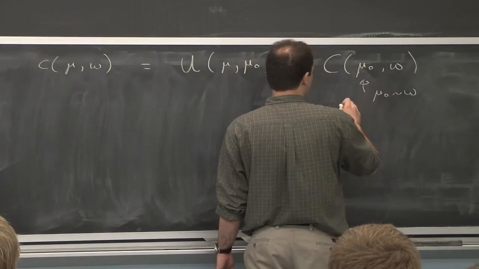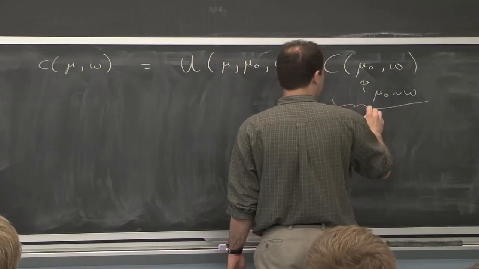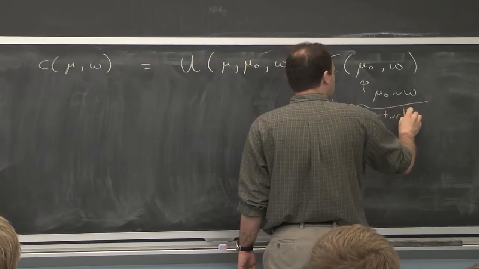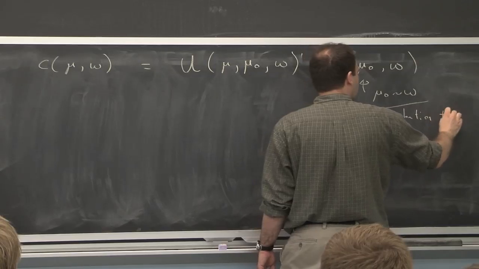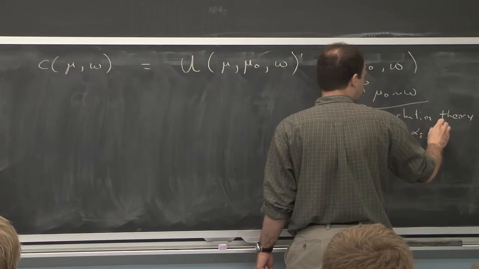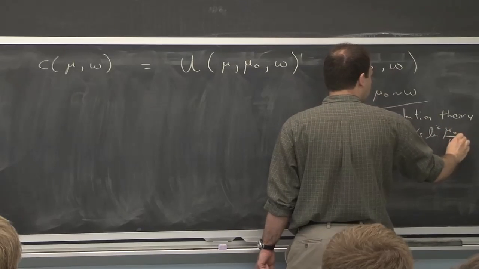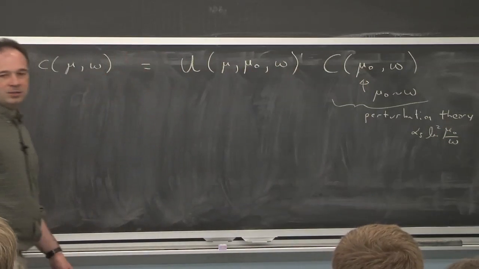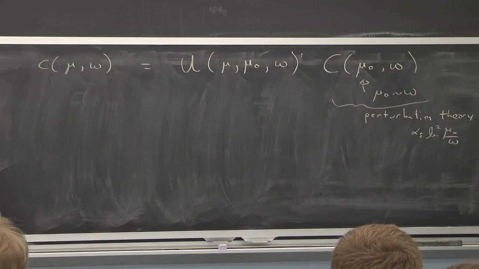And the way that you're thinking about this equation is you're going to do perturbation theory for this thing. And then in that perturbation theory, you'll have alpha, and you'll have log squared of mu naught over W. But as long as you're saying mu naught's of order W, those aren't large logs.